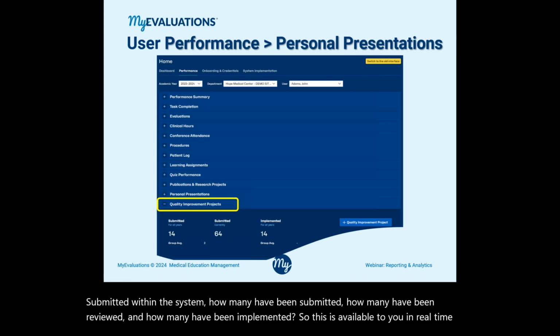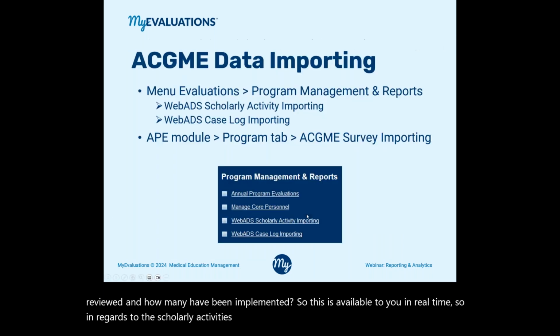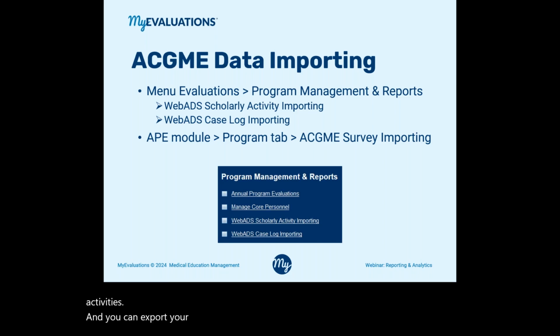So in regards to the scholarly activities, I want to also tie this into your ACGME compliance through the ACGME website. In the ADS modules, you can actually export your scholarly activities and you can export your case logs, and both of those can be imported into the system.